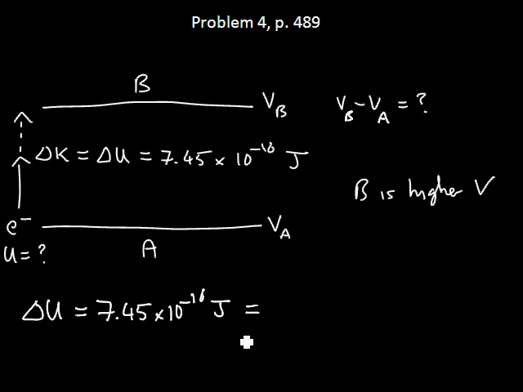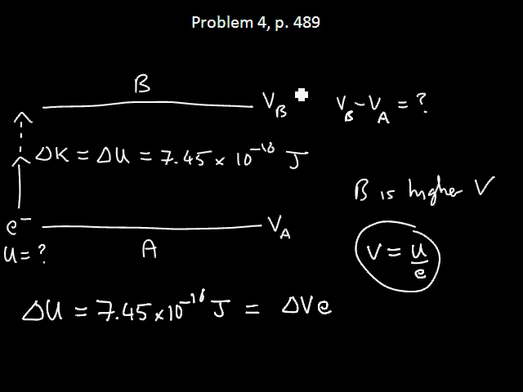And that's equal to the change in potential multiplied by the charge. Remember, potential is energy per charge, so V is energy per charge. Solving this, we get that the change in energy is equal to the change in voltage times the charge. And so we actually want this form of the equation to find the potential.